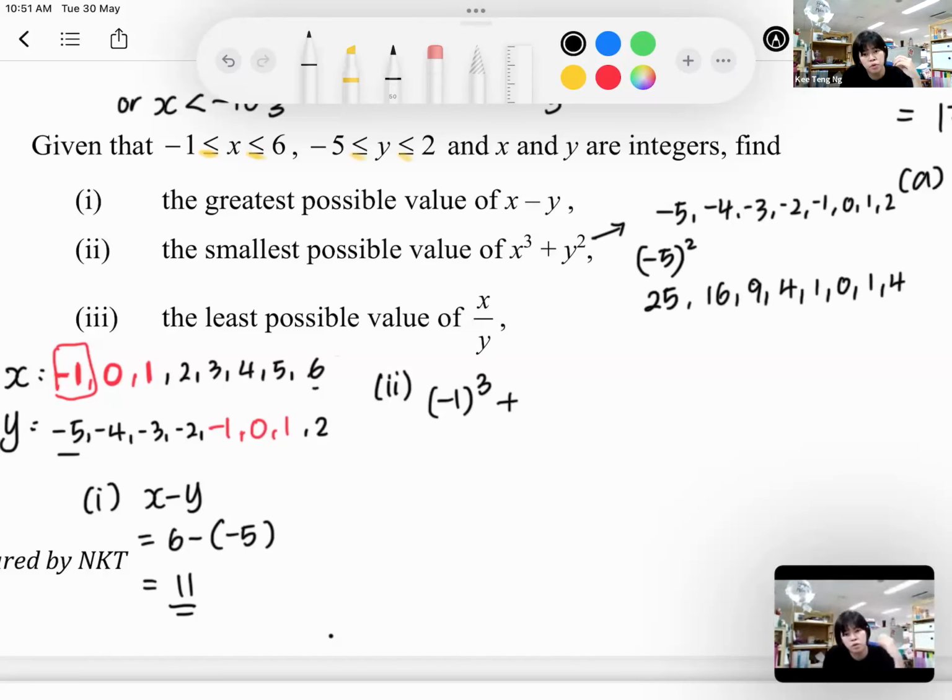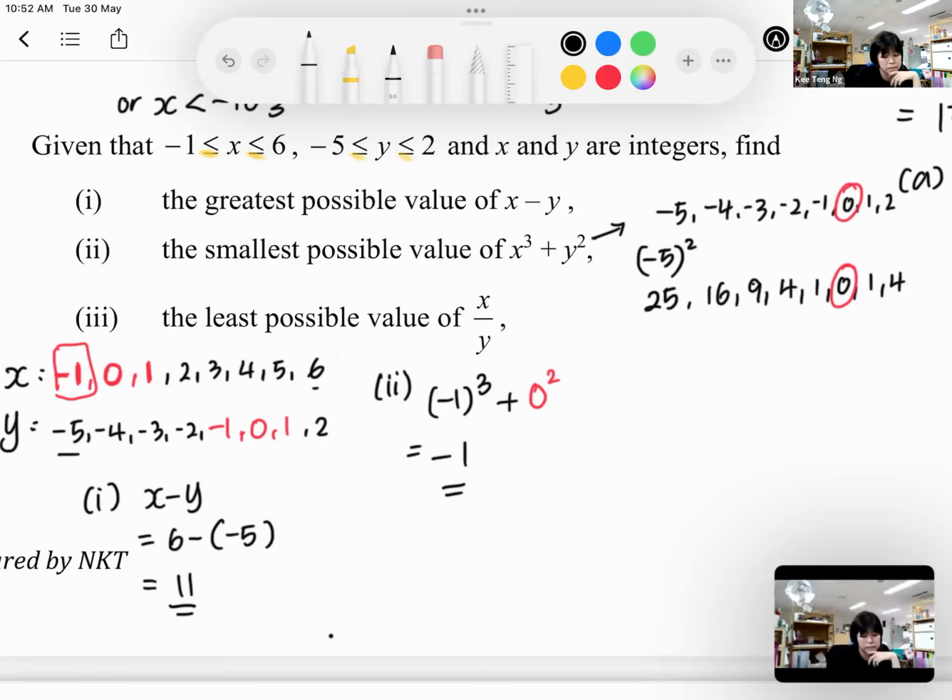Those of you who never put the bracket and square it get a negative number. Then the answer is not correct. Of these, the smallest possible value is 0 squared. So I will use 0 squared. So then my answer will be -1.